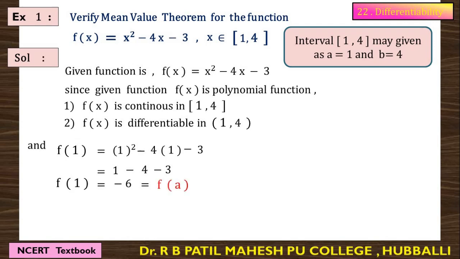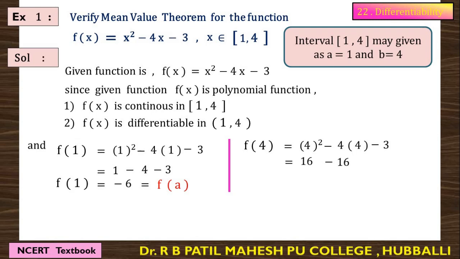In the same way, the second point, that is f of b. F of 4 is equal to, substitute x equal to 4 in this function: 4 square minus 4 into 4 minus 3.